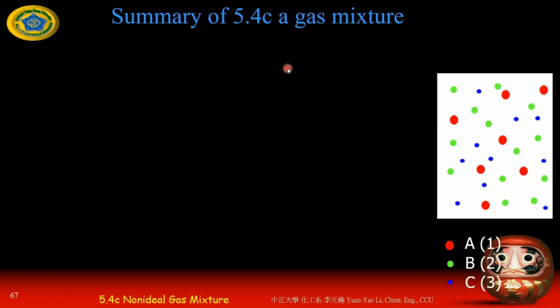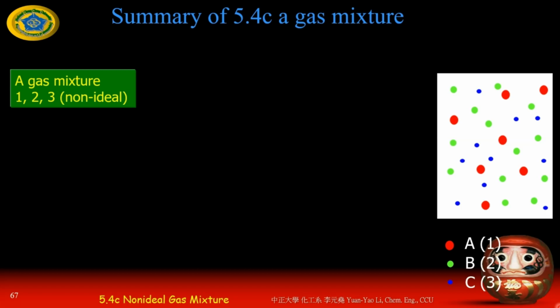Okay, so let me summarize 5.4C, a mixture gas. You might have three gases in the mixture, you might have two, as in the previous case, or you might have four. But anyway, we do the same thing. For example, we have three gases in a mixture.